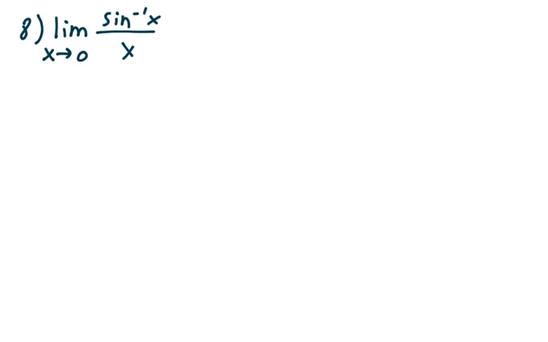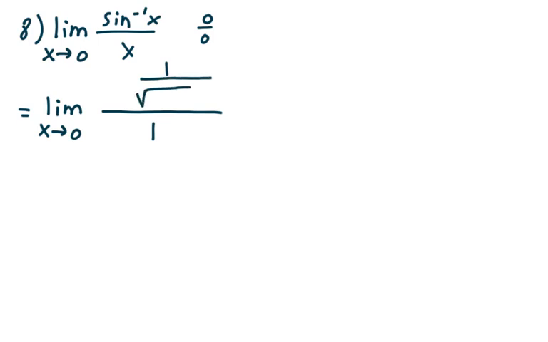Now, this is, of course, of the form 0 over 0, okay? So we can apply L'Hopital's rule here. This is the limit as x goes to 0 of, the derivative of the denominator is 1, and the derivative of the numerator is 1 over the square root of 1 minus x squared.